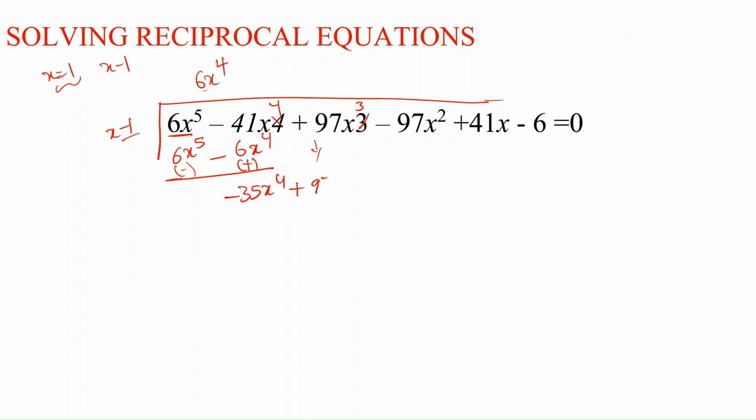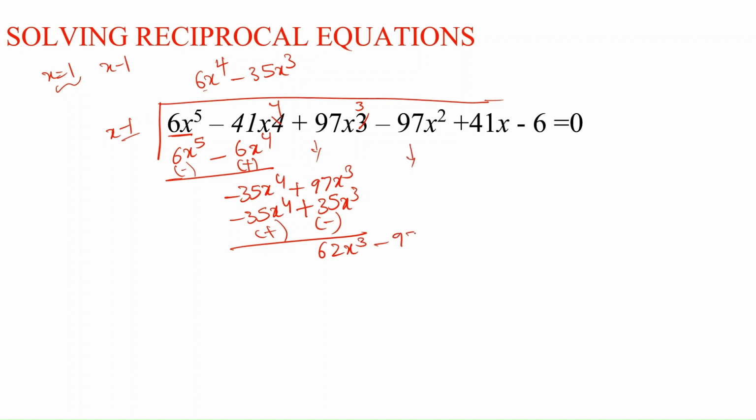It is 97x cubed. Now we'll divide this minus 35x power 4 by x. That gives minus 35x cubed. So this is power 4. Minus into minus is plus 35x cubed. On subtracting, the signs will change. This will give 62x cubed. Get the next term down.